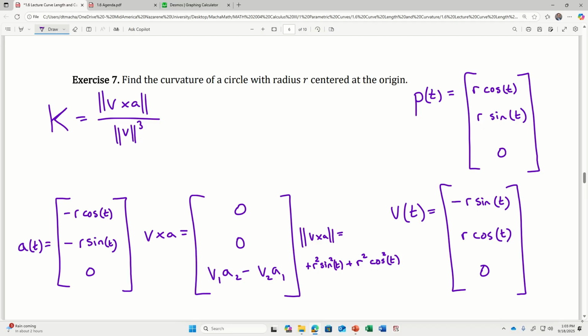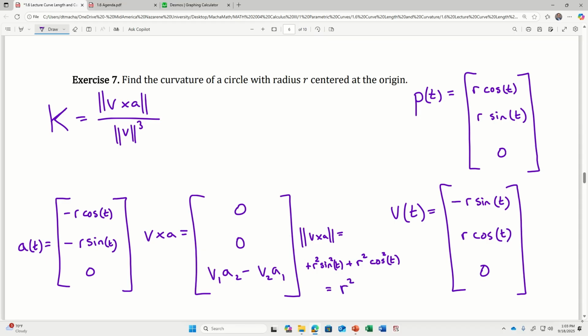So I get positive r squared sine squared t plus r squared cosine squared t, and that simplifies to what? Just r squared.